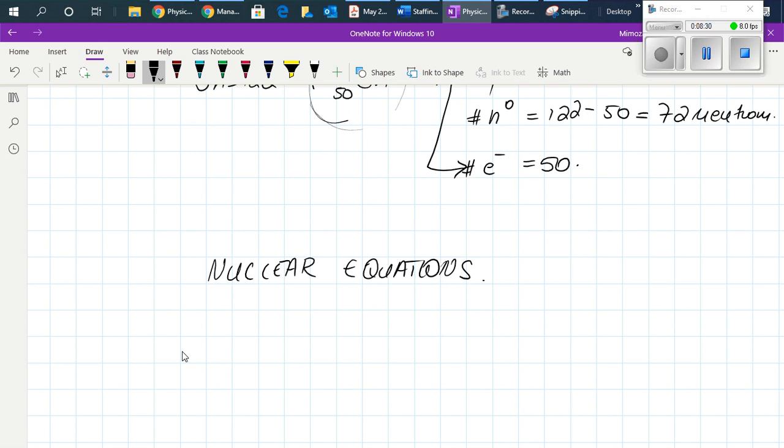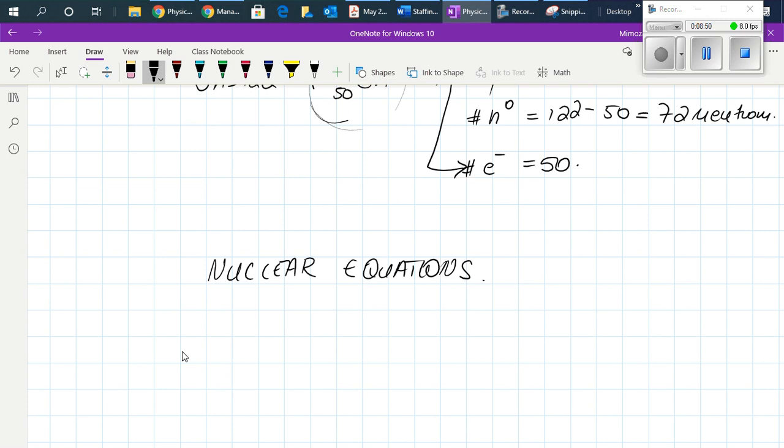In a nuclear equation, the original isotopes are often referred to as the parent isotopes, and after the reaction, the final isotope is known as the daughter isotope.